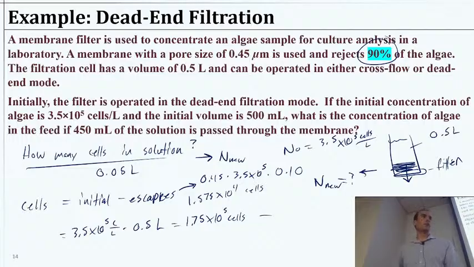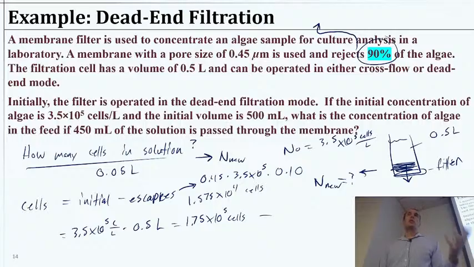Yes, thank you for the question. I skipped over a little bit there. If we are rejecting 90%, that means 10% are not rejected by the membrane, meaning 10% of them pass through. That's the key, and I totally glossed over that. We will formalize some of this with a few equations in terms of rejection, fraction, things like that.